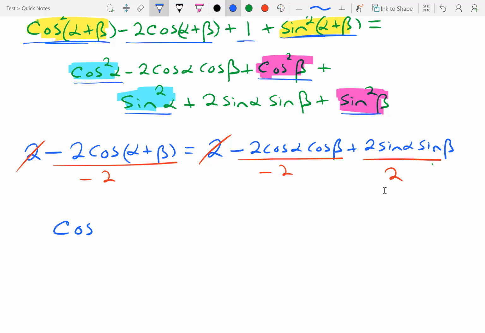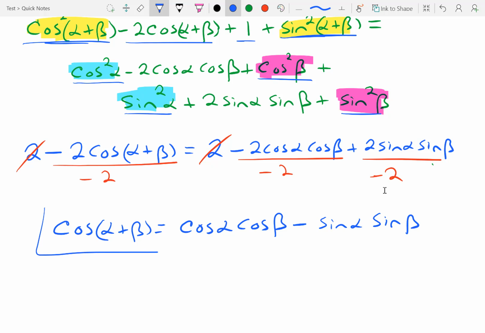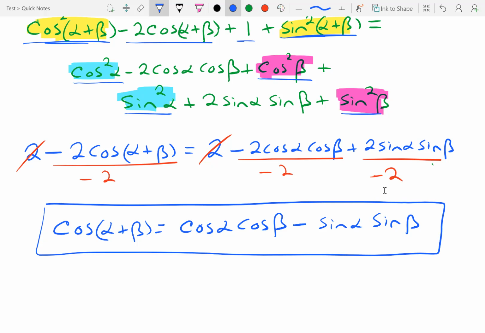That is that the cosine of alpha plus beta is equal to the cosine of alpha cosine of beta minus, I should have written that, this is a negative 2 right here, that minus the sine of alpha sine of beta, which was the result that we were trying to prove.